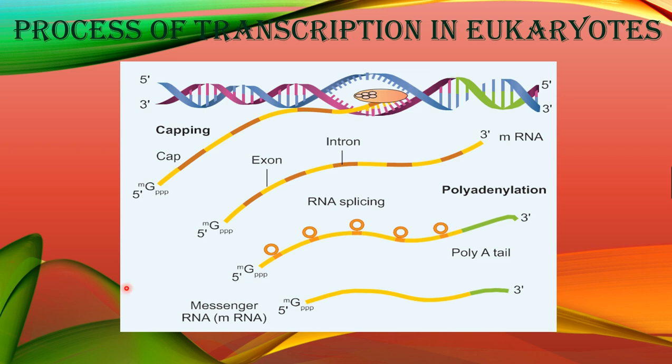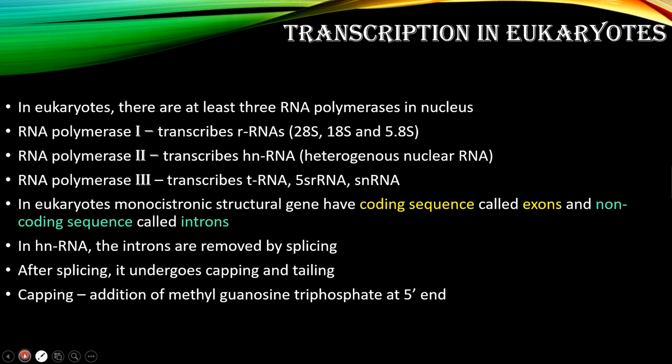Now, first I said that in prokaryotes, only one RNA polymerase is involved in the synthesis of three different RNAs. What are the three RNAs? mRNA, messenger RNA, tRNA, transfer RNA, and ribosomal RNA.